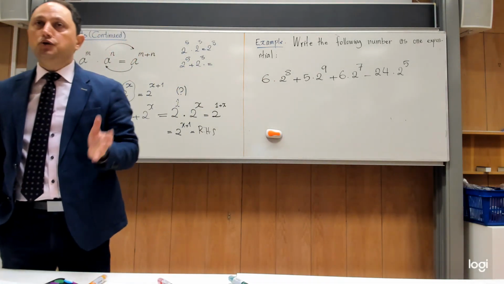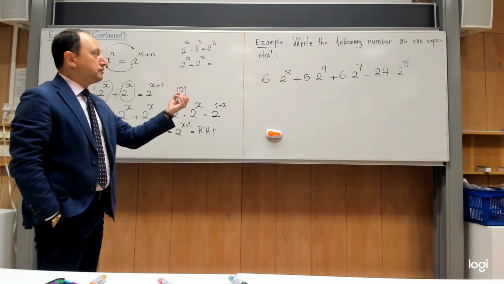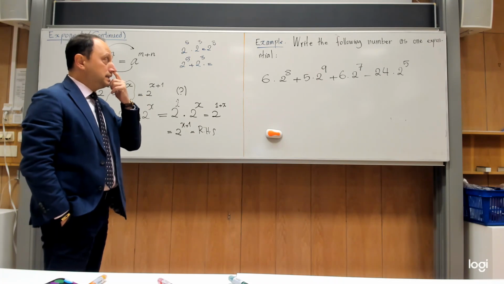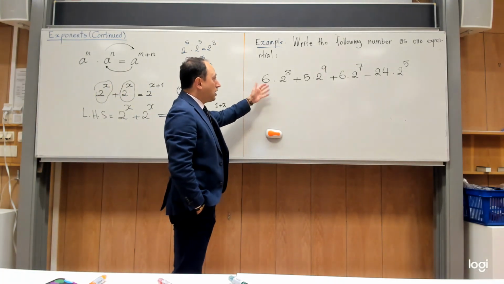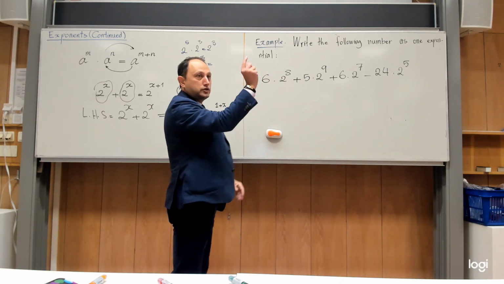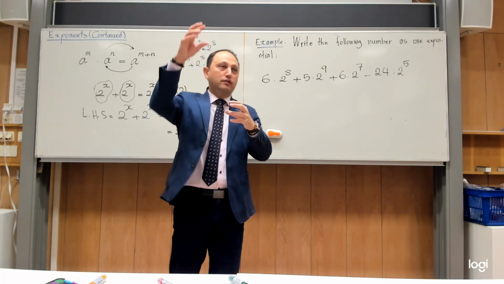So that is not my goal. My goal is to simplify this expression into another form. This is a skill that you really need to learn and to master. So try to find a way to reduce this into one term, one expression, so that you have a base and you have an exponent.